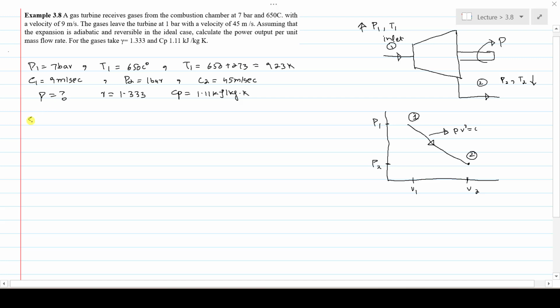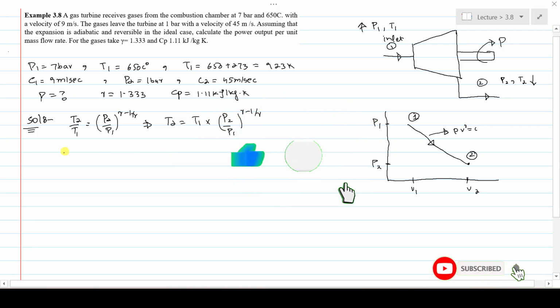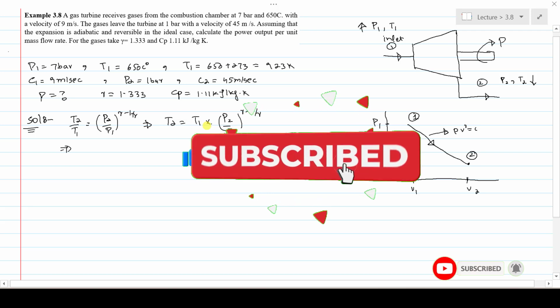Now we come toward the solution. This is adiabatic expansion. So in adiabatic expansion, the relationship between temperature and pressure, as we know, is T2 over T1 equals P2 over P1 to the power gamma minus 1 over gamma. Rearrange this equation for T2. Now just simply put the corresponding values in it.